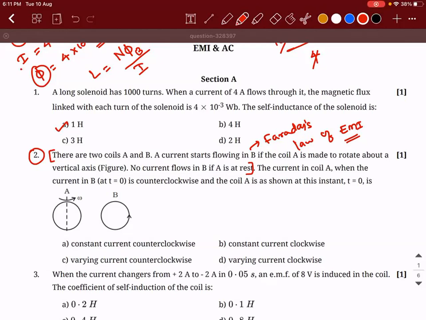So current in coil B is in which direction? Guys, unless you are going to speak, even I will be silent only. It's counterclockwise. Okay.